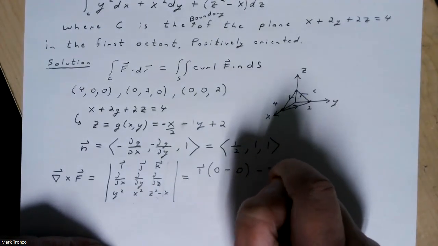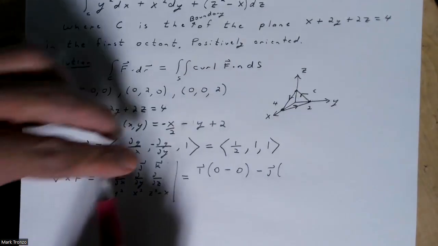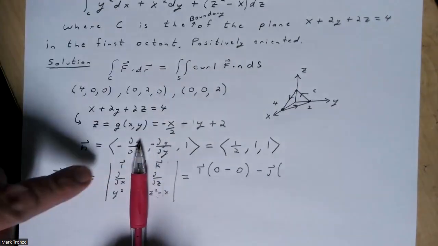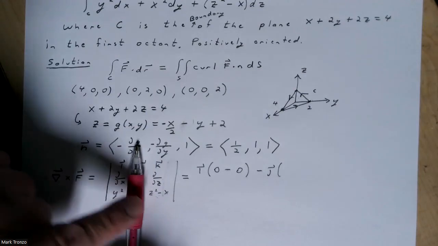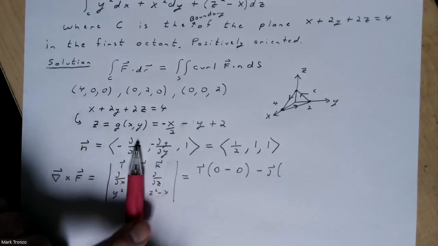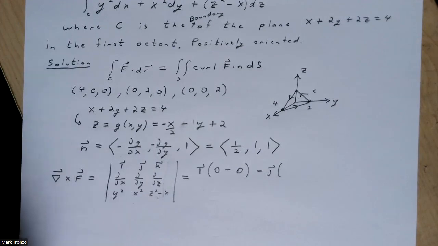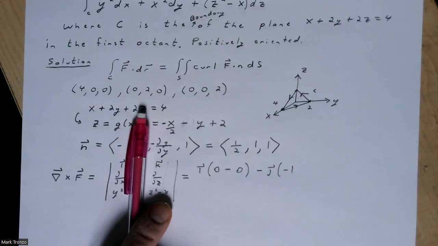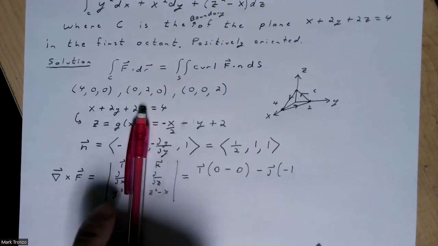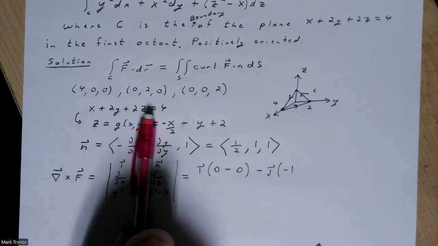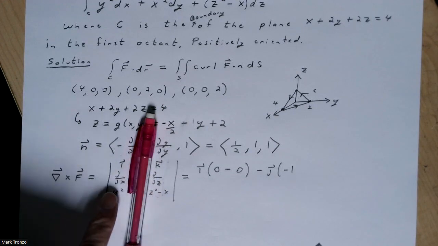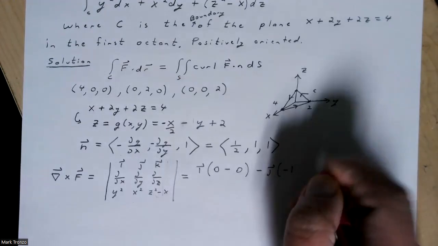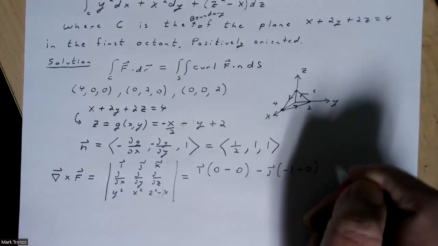Then we go to j. Remember, the j is always negative. And then we want the derivative of this one with respect to x. That would just give us a -1 minus the derivative of this with respect to z, which is just going to be 0.